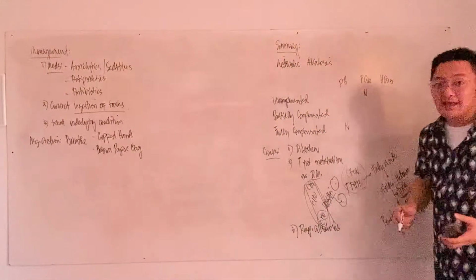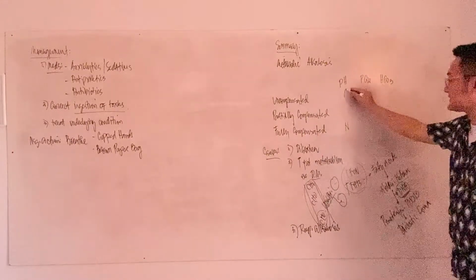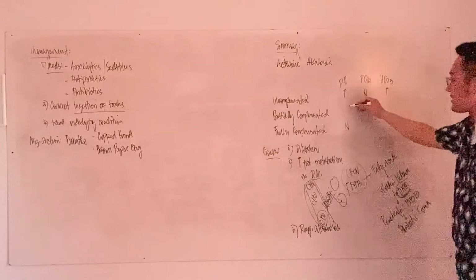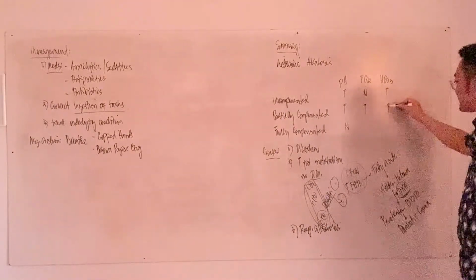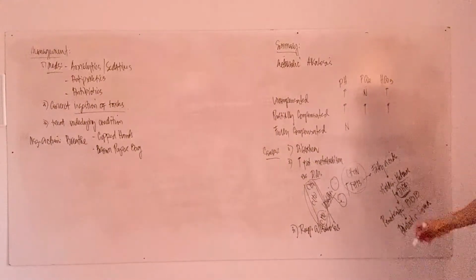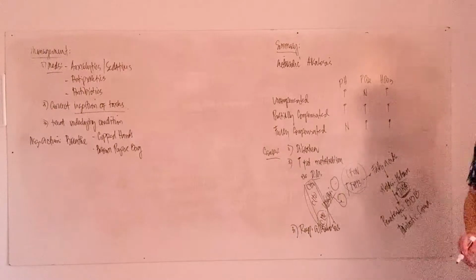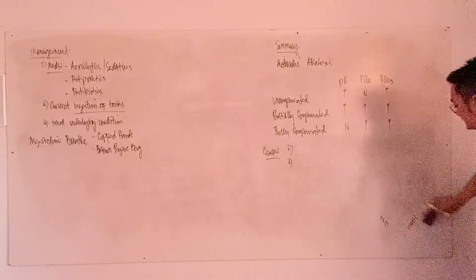So in your metabolic alkalosis, look, the pH is high, bicarbonate is high. Partially compensated: increased pH, increased PCO2, increased bicarb. Fully compensated, you will have increased PCO2 and increased bicarbonate as well. So what causes metabolic alkalosis?